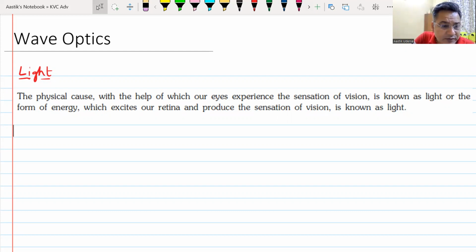Now, whenever we talk about the properties of light, what are the properties of light that you are aware of? Are you aware of any property of light? It travels with a speed of 3 into 10 power 8 meters per second. So, there are a few properties of light that you must remember.